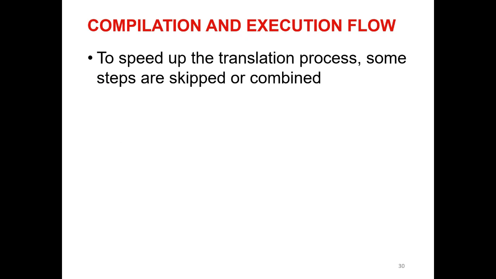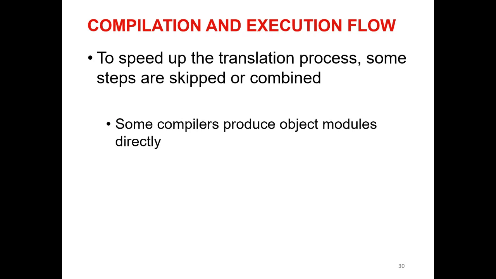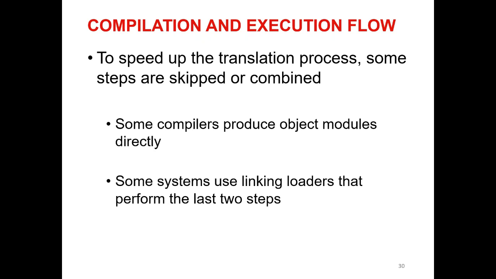To make this process faster, there are some steps that can be combined. For instance, there are some tools where the compiler, apart from generating the assembly code, directly generates the object module. So from the high-level language, we get zeros and ones. We don't need the intermediate stage for the assembly language.